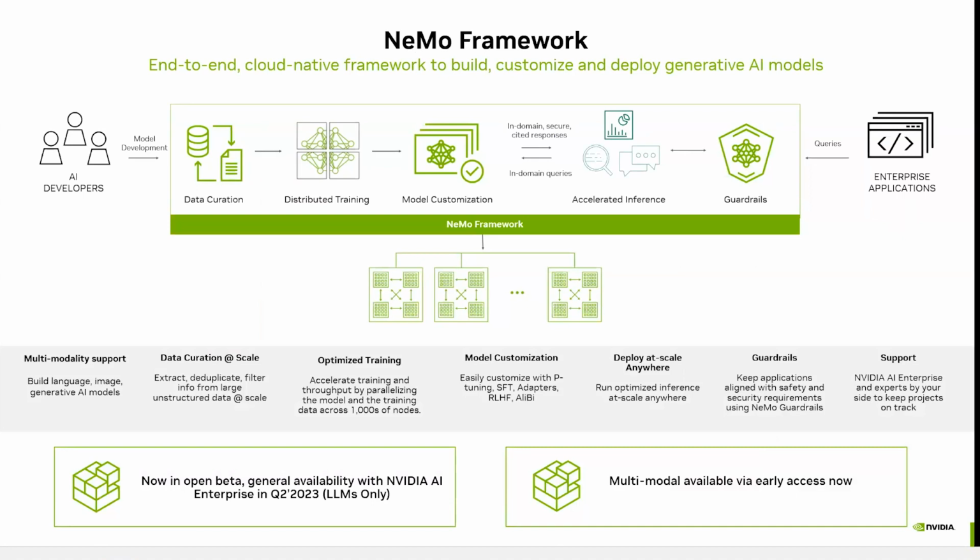So the first step would be your data curation. Even in the data curation part, because that's the data pre-processing, it provides tools which help you curate the dataset. In this example, since we're talking about the NVIDIA NeMo framework, it's text data. And once you have curated the data, the framework makes life easy when it comes to distributed training.